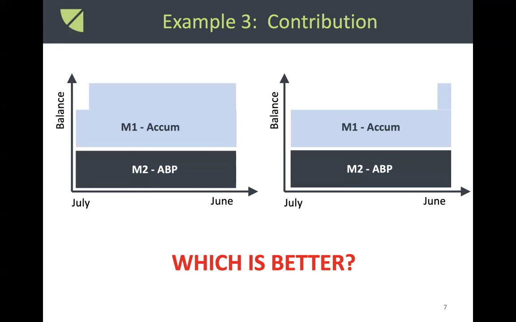Because if you're contributing late in the financial year, that money has to sit somewhere else throughout the financial year, probably in your personal bank account or invested in your personal ownership, and you'll be paying tax on that outside superannuation at your marginal tax rate.